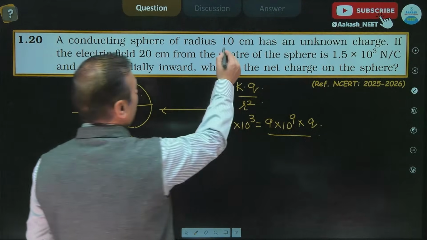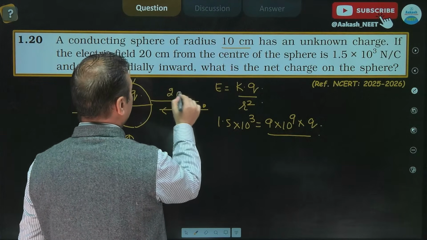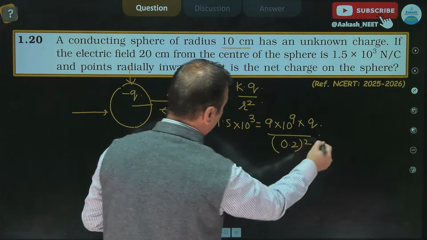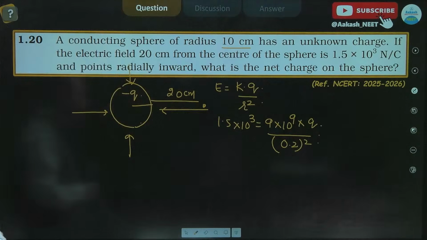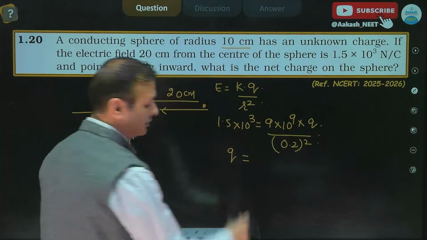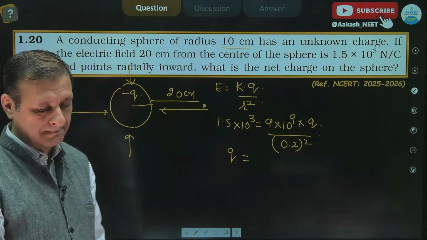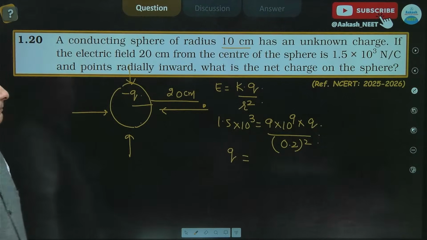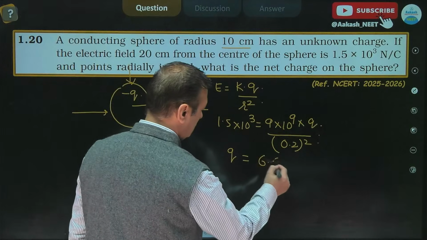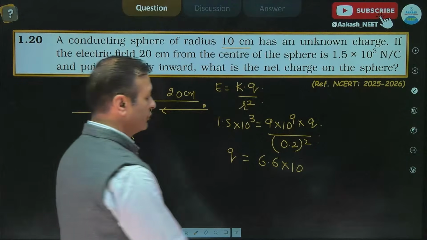But radius has no significance because we are given this distance as 20 centimeter. So this is 0.2 meters, and that is how you calculate the charge. Can you give me the value of charge for a minute? It is 0.6 into 10 to the power minus 9 Coulomb.